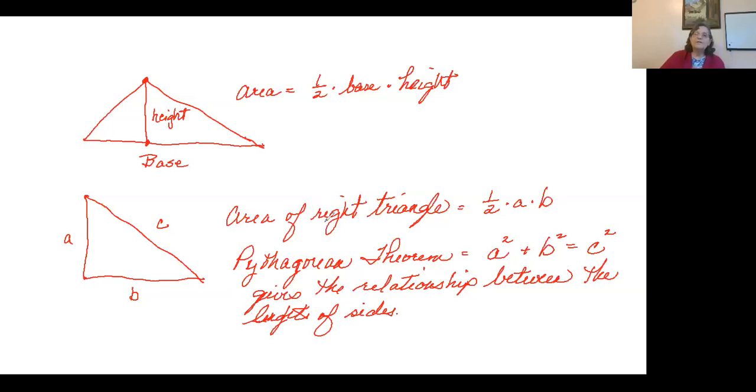And of course, the perimeter is always just the sum of the sides. So with a right triangle, the perimeter is A plus B plus C. Don't mix it up with the Pythagorean theorem.